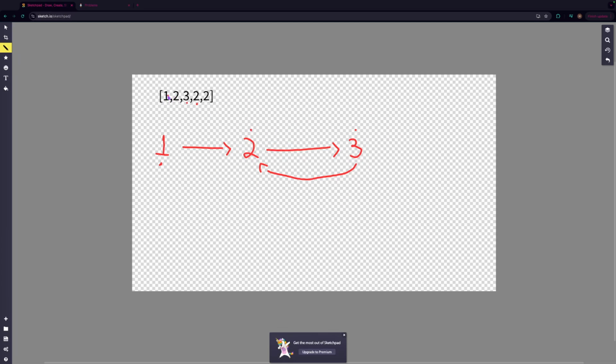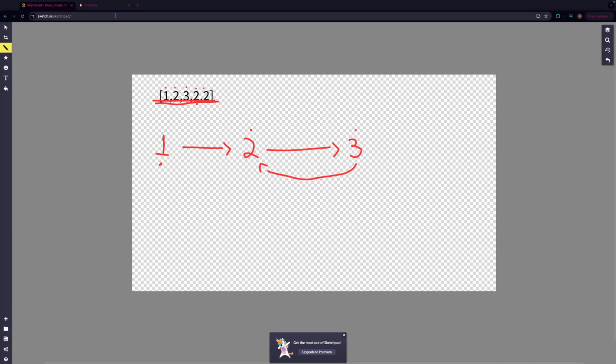What I'm basically trying to say is we can interpret each of these values in the array as an index. And by following these indexes, we can construct a linked list. If there's a cycle in this linked list, we know there must be a duplicate integer since we're going back to some index more than once.